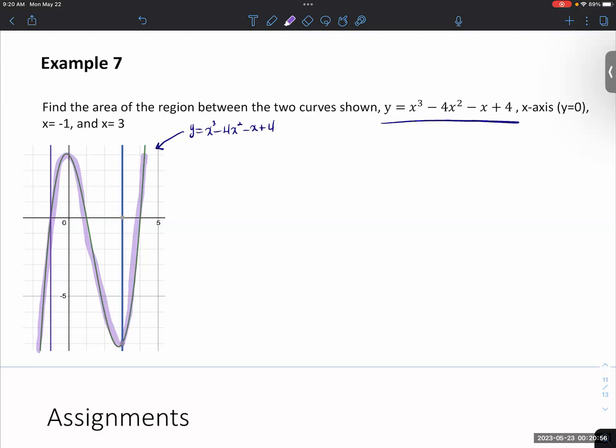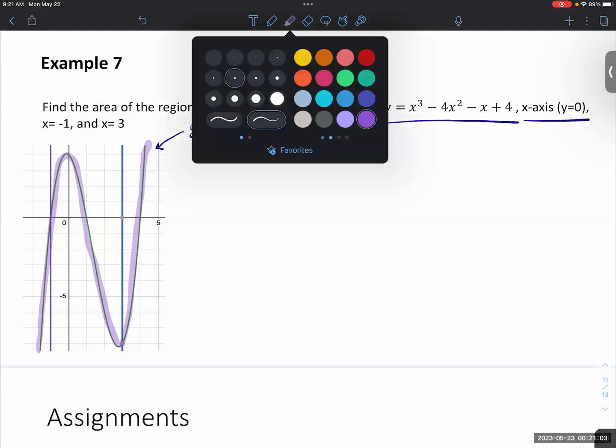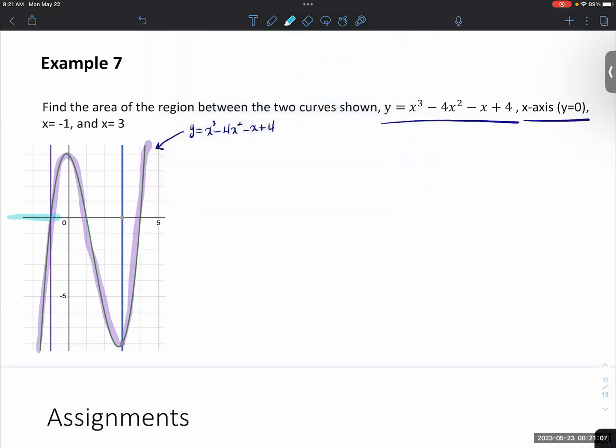And then we are looking, and they say another function is the x-axis. Where's the x-axis? This one. The x-axis is right there. Okay, the x-axis. So the area between the two functions, purple and blue, it's a little bit here.